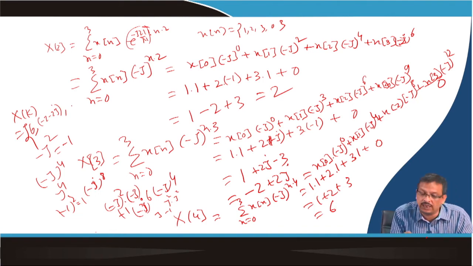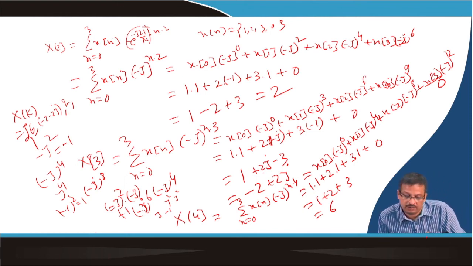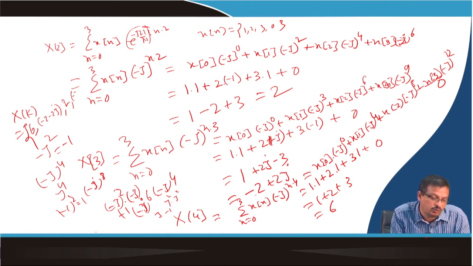X of 2 is 2. X of 3 is minus 2 plus 2j. X of 4 is 6.